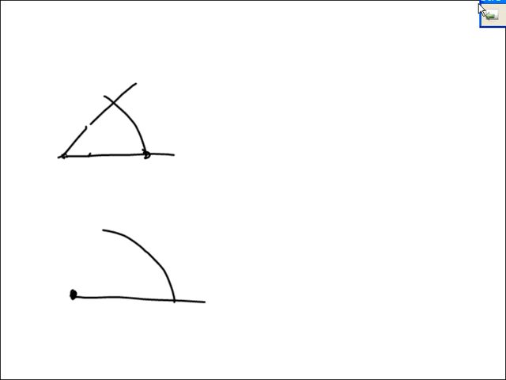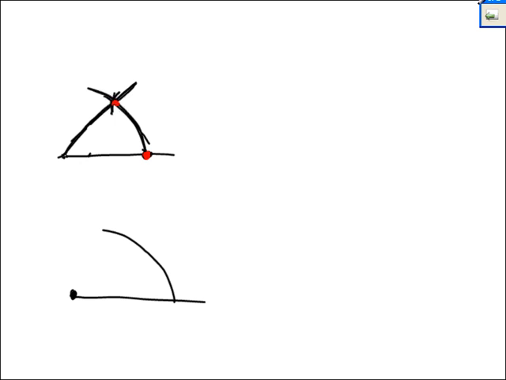Then you put your compass needle here and you open it up so the pencil touches this point right here, the point of intersection between this line and the arc that we just drew a minute ago. Just open it up to, again, put it here and open it up to that point.